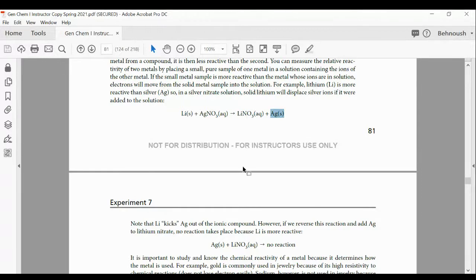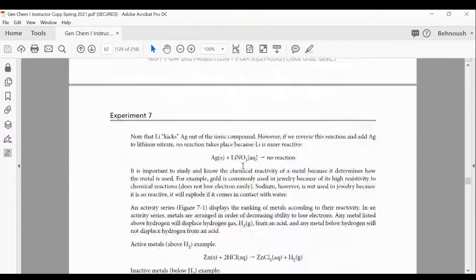If we do the reverse reaction, that means if we bring silver and try to react it with lithium nitrate, there is no reaction. Why is there no reaction? In this case, lithium is more reactive than silver. So the condition for this reaction is that the element that you are bringing must be more reactive than the replaced element in the compound.